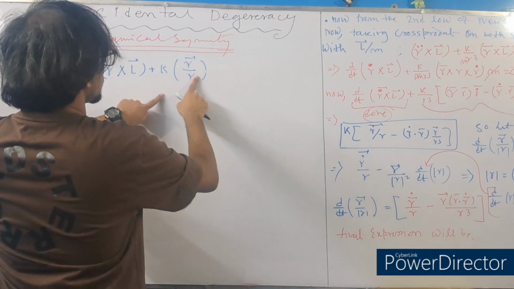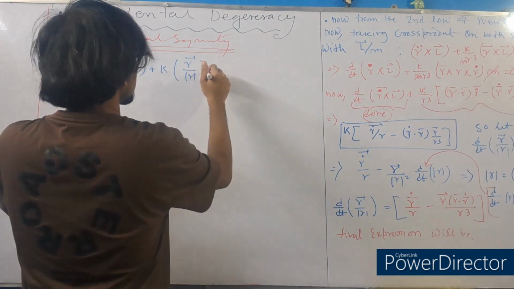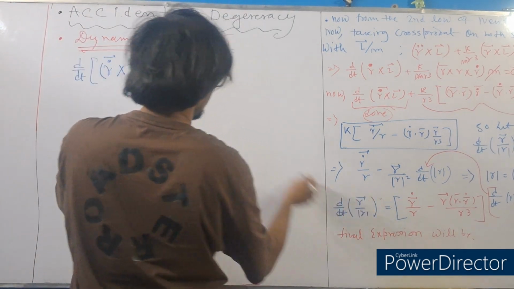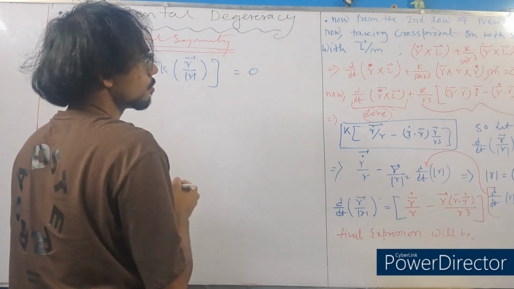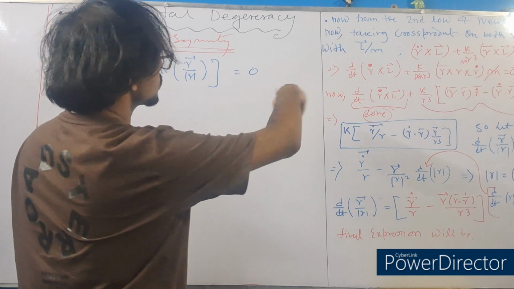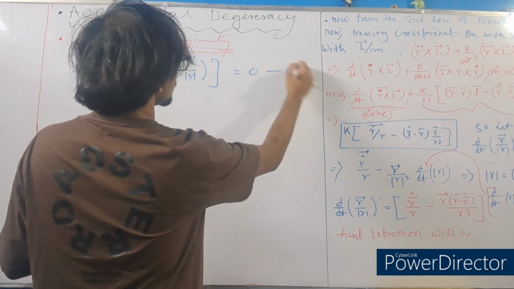Sorry, not r cube, extremely sorry, this is modulus r. Okay, this expression I need to insert. This is 0. I think last I used equation 3, so this is equation 4.